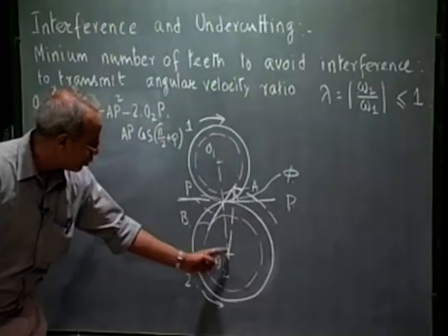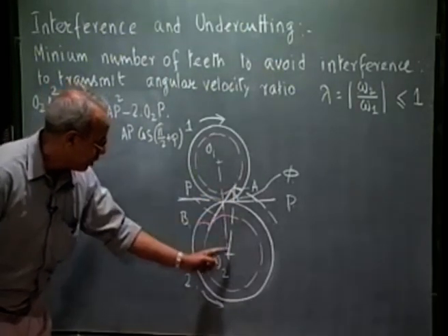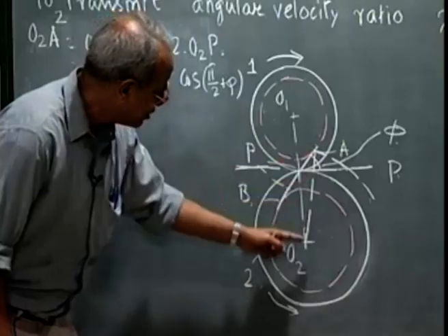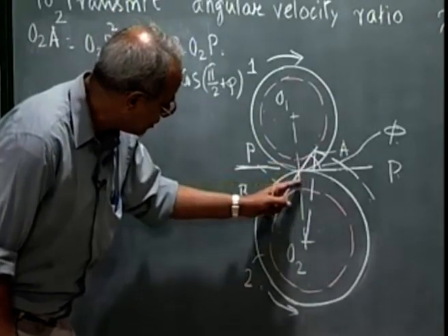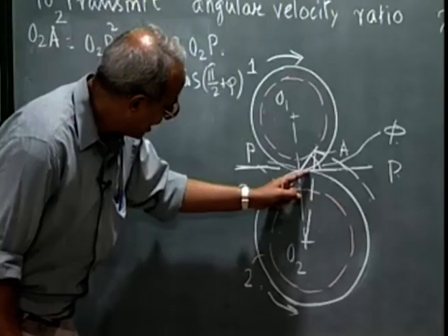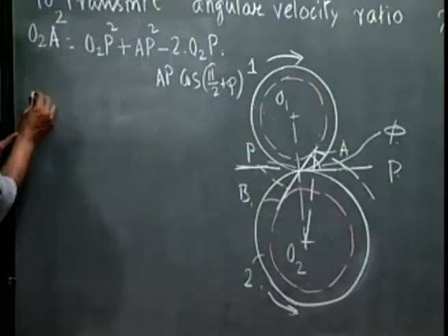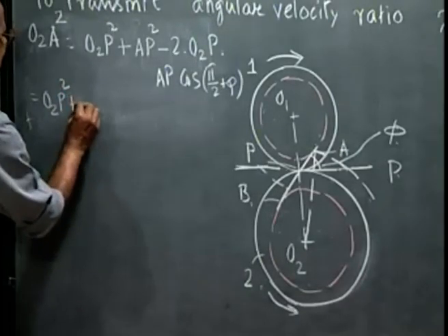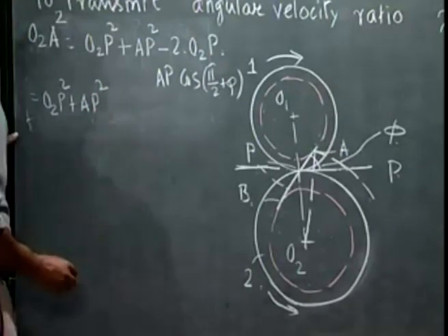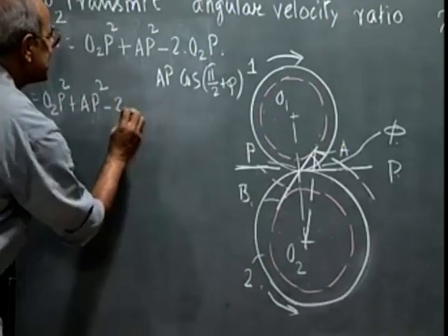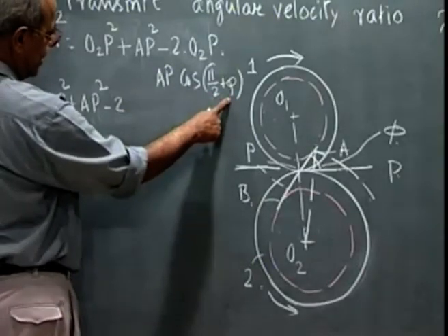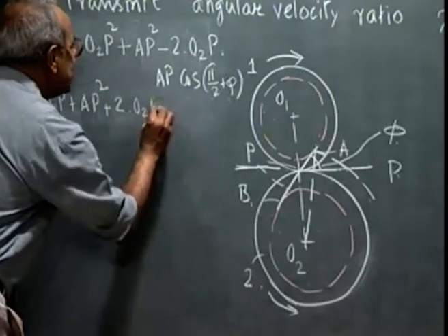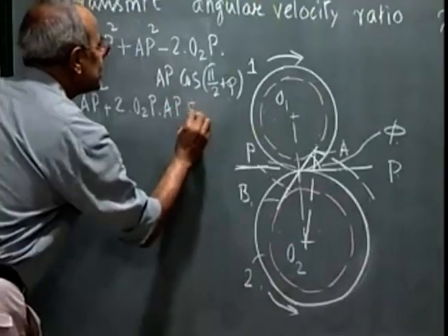So this I write O2P squared plus AP squared minus twice O2P into AP into cosine of pi by 2 plus phi, and cosine of pi by 2 plus phi is minus sin phi. So I get plus 2 O2P into AP into sin phi.